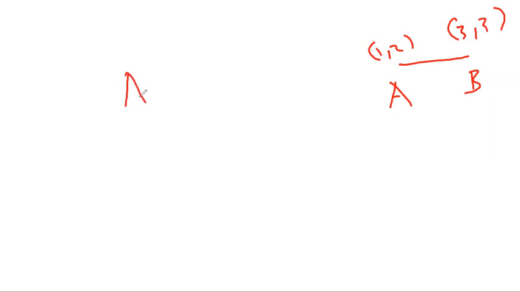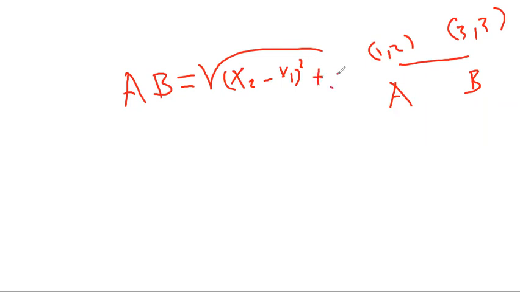The length of a line segment AB equals the square root of (x2 minus x1) power 2 plus (y2 minus y1) also power 2.